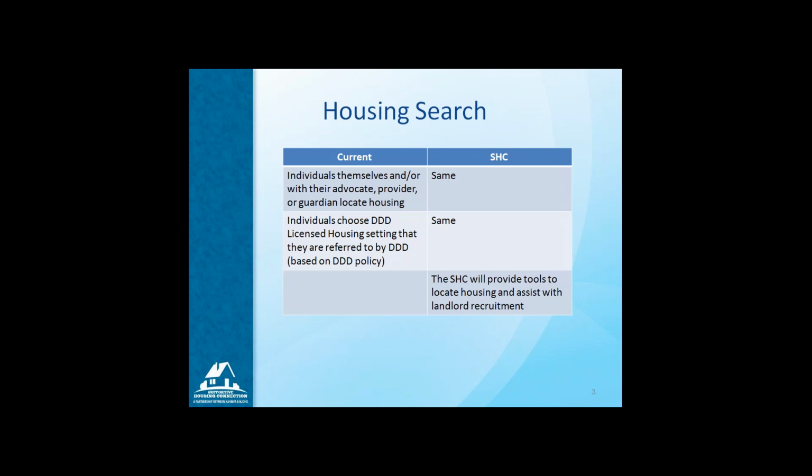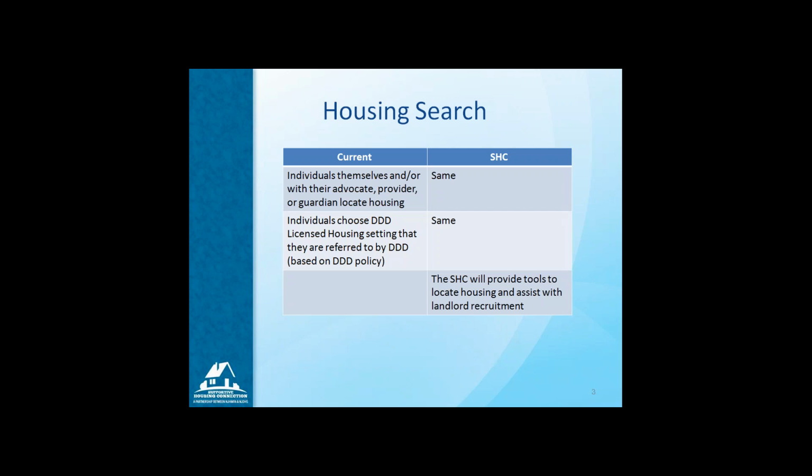Now, in terms of the housing search, currently, individuals themselves and or with their advocate, provider, or guardian can locate housing. That remains the same under the Supportive Housing Connection. Also currently, individuals may choose a DDD licensed housing setting that they are referred to by DDD and based on DDD policy.